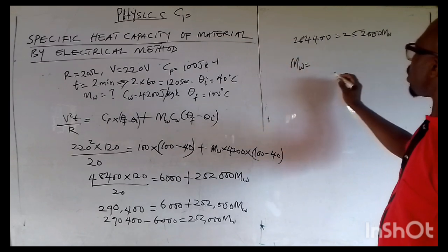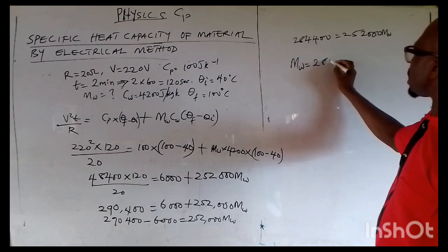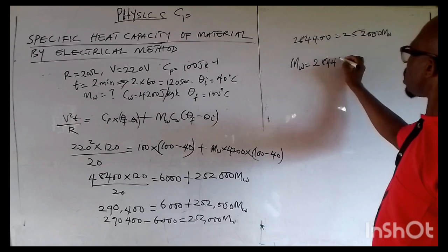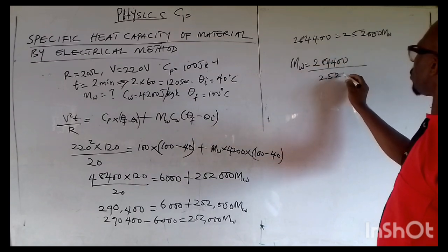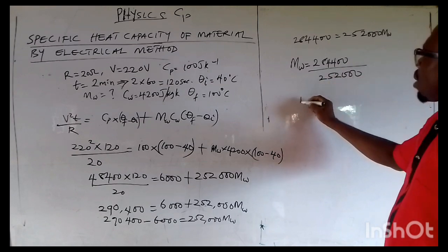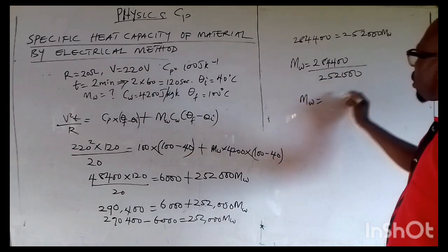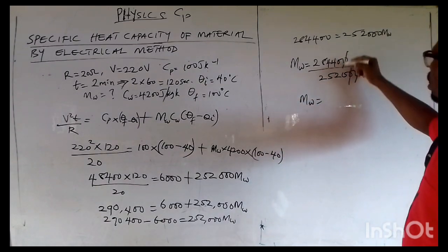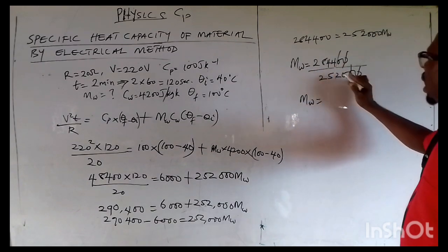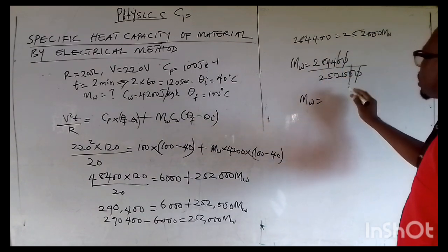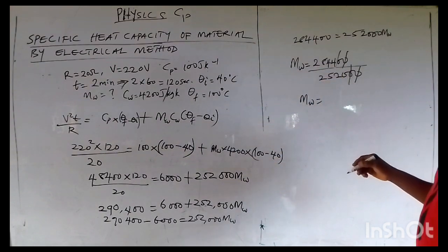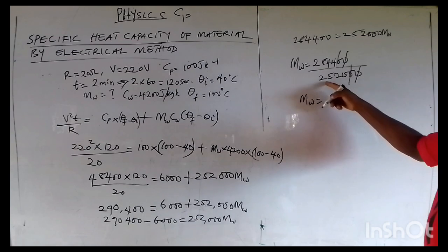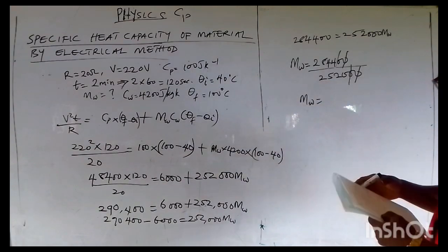Mass of water will give us 284,400 all over 252,000. Now, these two will cancel out these two. We now have 2,844 divided by 2,520.